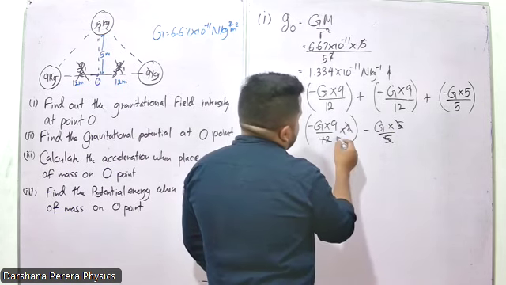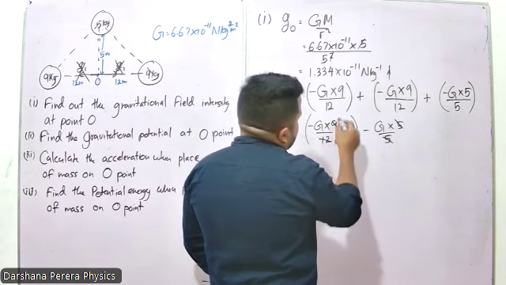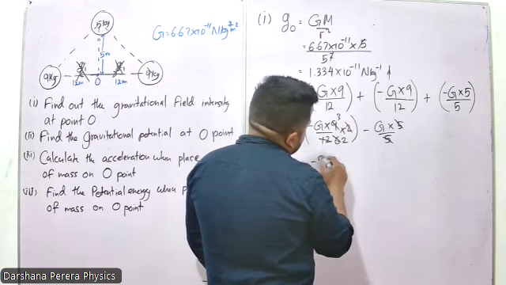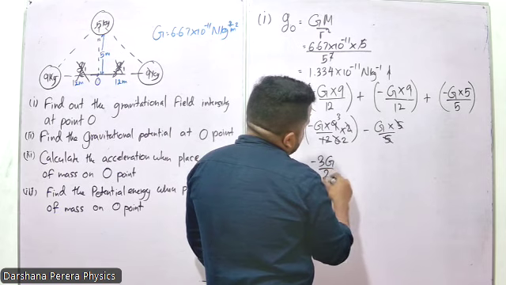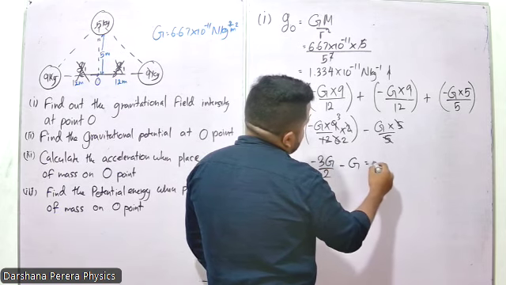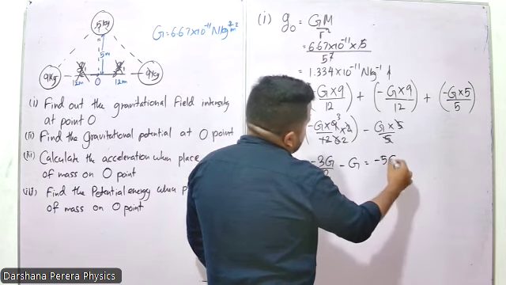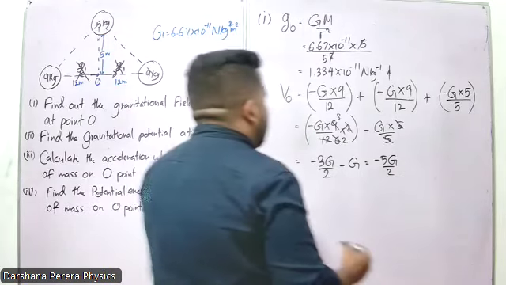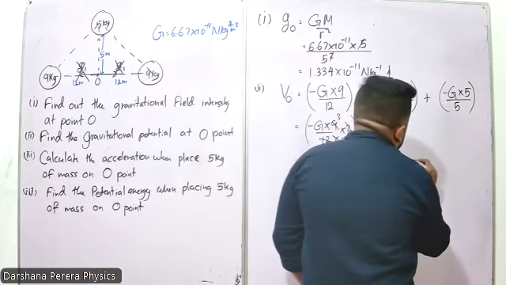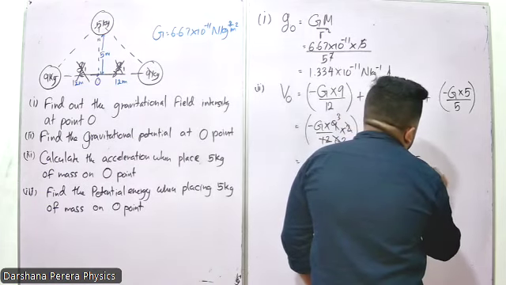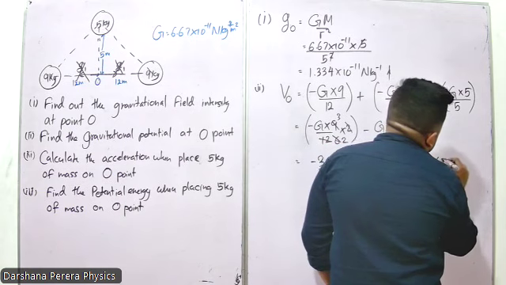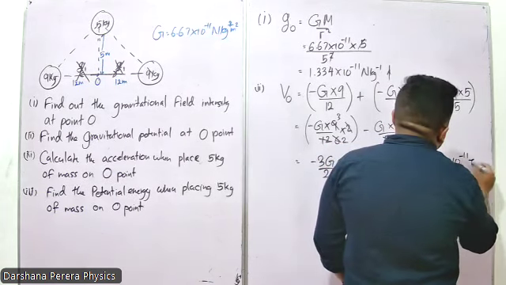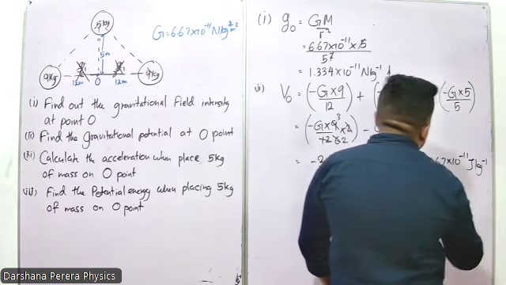So this one is 6. So I need to cancel out this 2. So minus 3G over 2 minus G. So minus 5G over 2. This is the gravitational potential. Minus 5 over 2, 6.67 into 10 to the power minus 11. Right? Joule kg minus 1.